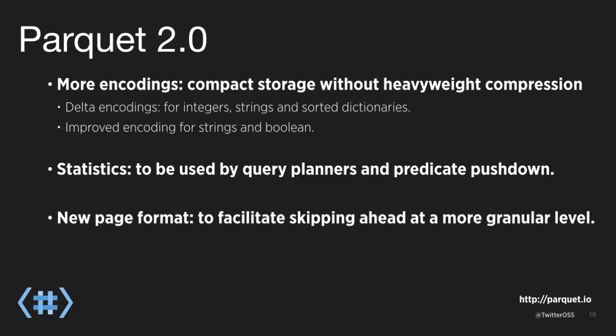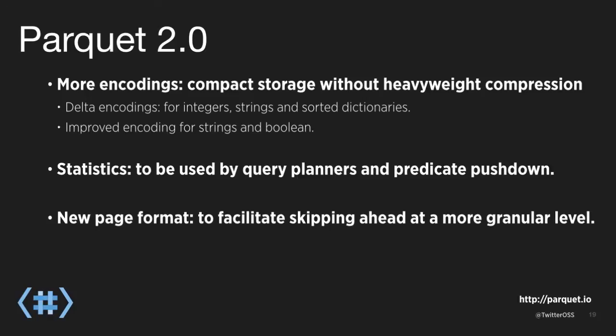So Parquet 2.0 will have more encodings, things like delta encodings for ints and strings. This is already implemented, but needs more testing, and we want to make sure it's also cross-compatible with the Impala implementation. Statistics will enable predicate pushdown, which is more efficient filtering.